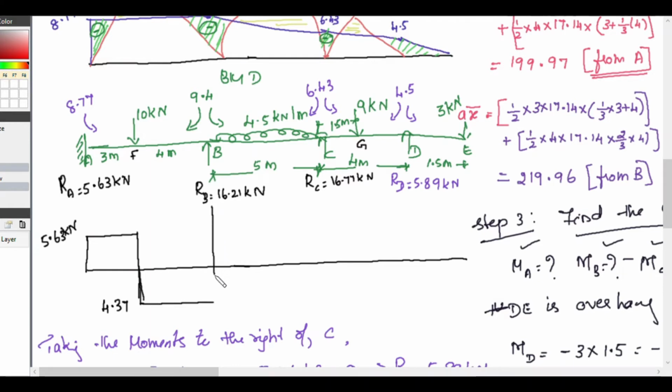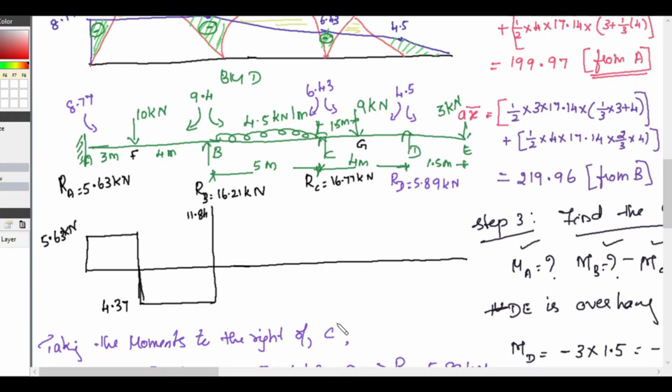So here we will have 11.84. From B to C there is a UDL of 4.5 into 5. So it is 11.84 minus 4.5 into 5. So we get minus 10.66.